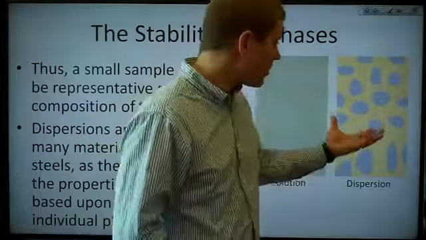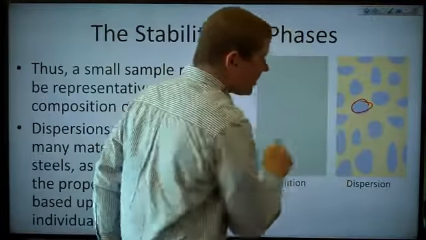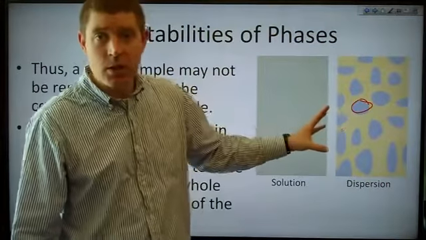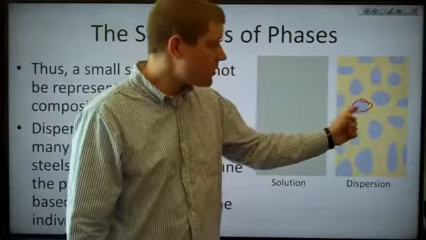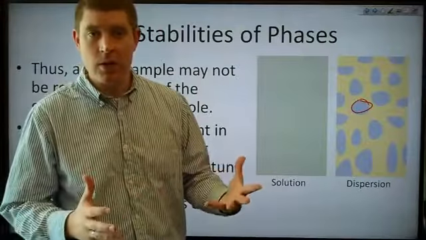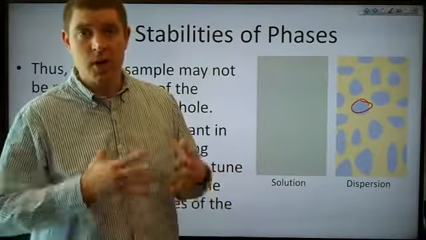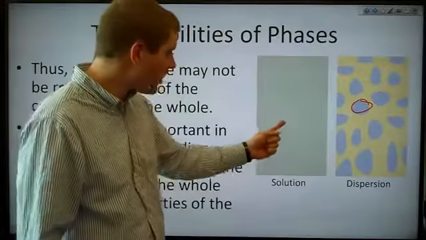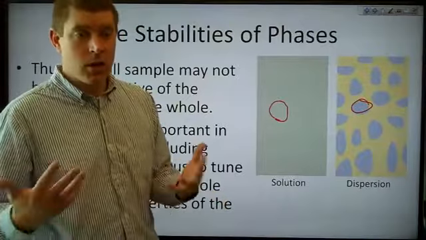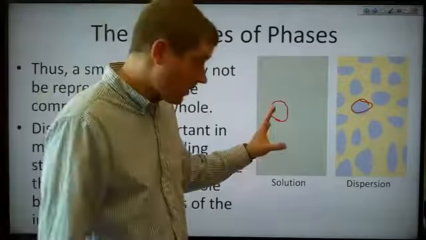And if we get a portion of our dispersion that's mostly coming from this dark spot here, just a little bit from the lighter spot, the ratio between the components there is not necessarily indicative of the ratio in the whole. Whereas if we pick any random part of our solution, we should have a representative sampling of the components that we have in our solution.